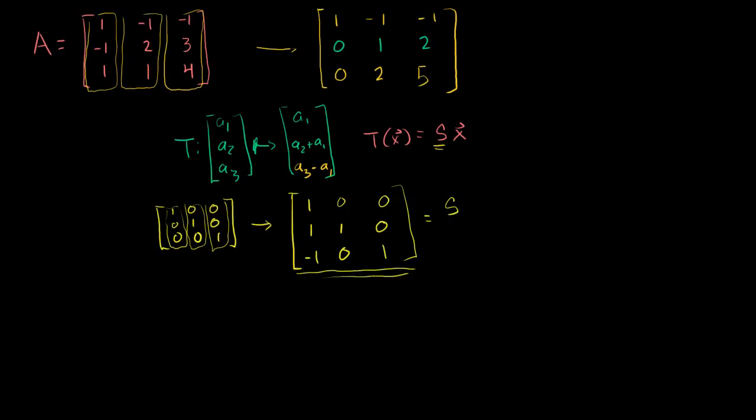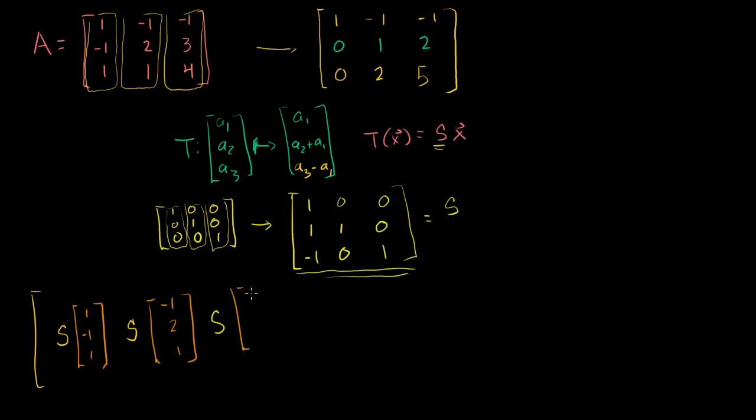So if we create a new matrix whose columns are S times this column vector, S times (1, minus 1, 1), and then the next column is S times this guy, (minus 1, 2, 1), and then the third column is going to be S times this third column vector, (minus 1, 3, 4).